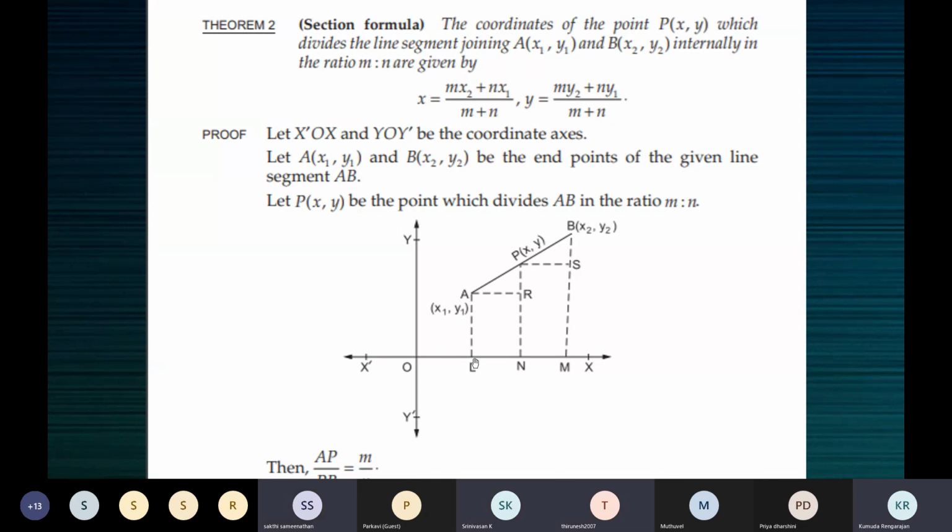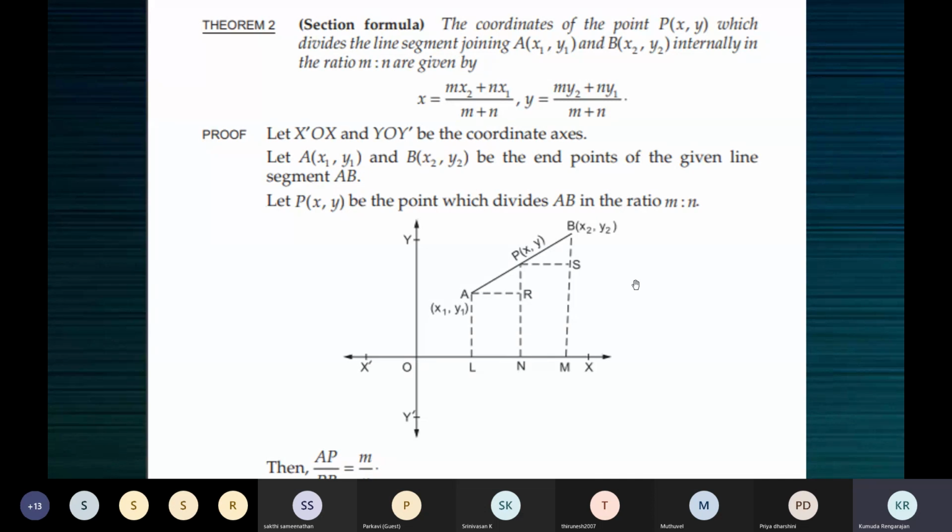X1 units, ma'am. X1, because this point is given by x1 comma y1. That means from here to here is x1. So AR, the side of this triangle, is nothing but LN, which is ON minus OL, x minus x1.